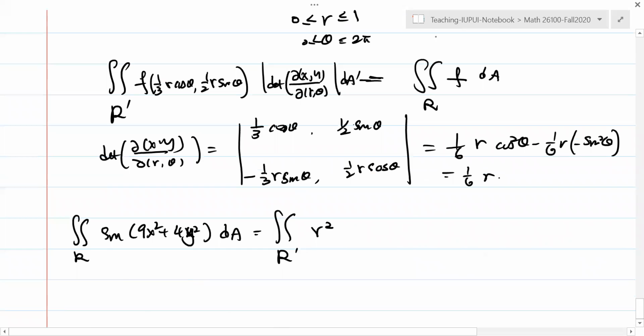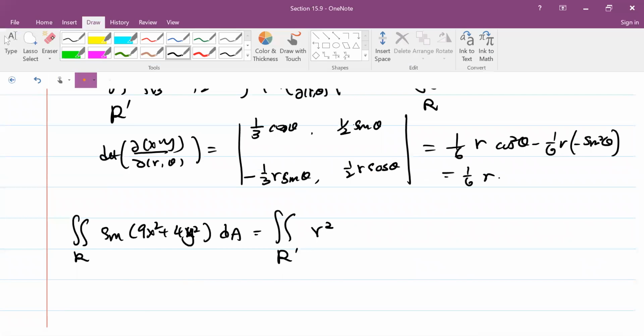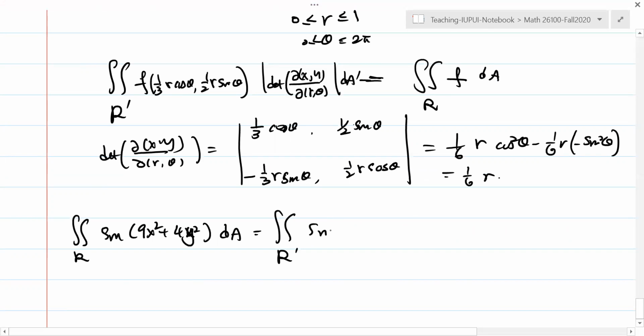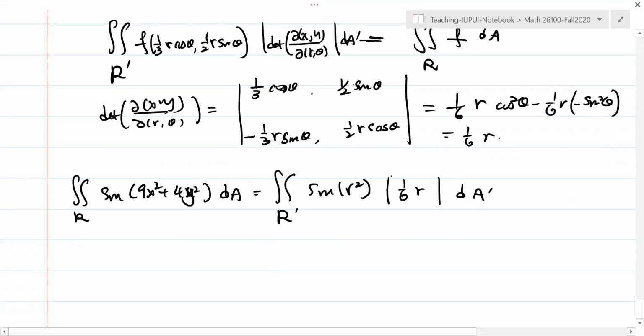So actually this is just sine r squared, and then you have the absolute value of 1/6 r. That's the dA'. All right, that's it. So this is going to be a double integral. You can write it as an iterated integral, right?